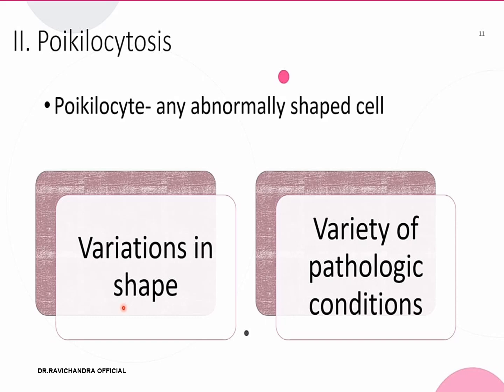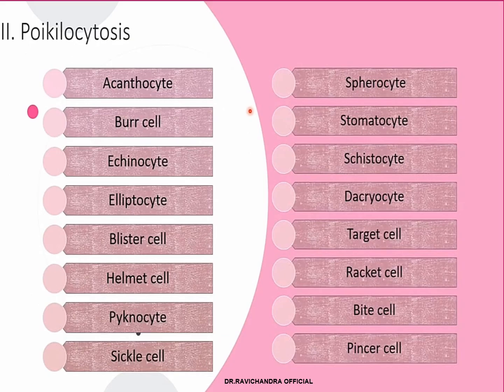Now coming to poikilocytosis. A poikilocyte is an abnormal shaped cell. There may be variations in the shape or there may be a variety of pathological conditions that are related to poikilocytosis. Under poikilocytosis, we have acanthocyte, burr cell, echinocyte, elliptocyte, blister cell, helmet cell, pycnocyte, sickle cell, spherocyte, stomatocyte, schistocyte, dacrocyte, target cell, racket cell, bite cell, and pincer cell.